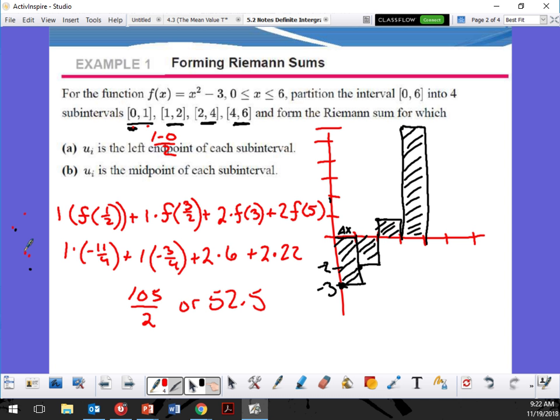Midpoint should be closer to the actual graph, and if I were to graph just those few points right there, that one is my left endpoint. The right endpoint would be a little bit better because it has a little bit under, a little bit over. So that midpoint should always be closer. That's all I'm trying to say. Make sense? Yeah.